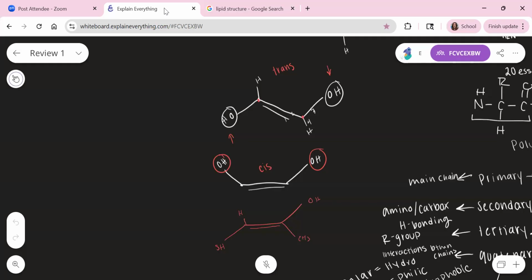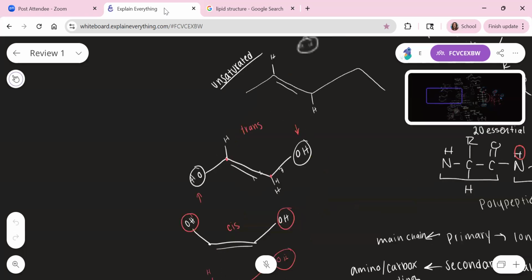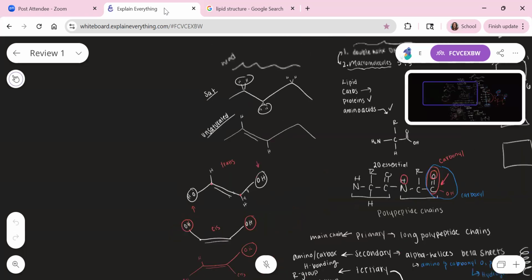Not quite. How do we know something's high priority? OH is going to be the higher priority just because usually things that are more electronegative are going to have a higher priority. So like oxygen over nitrogen, stuff like that.